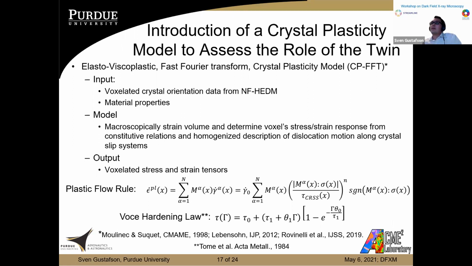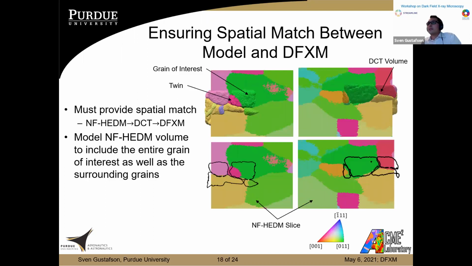One last spatial linkage was necessary, and that was linking the DCT volume to the near field volume. And so that's what you see here. The near field slices are in the background, whereas the DCT volume is in 3 dimensions. You can see that we're able to nicely match up the 2 microstructures.